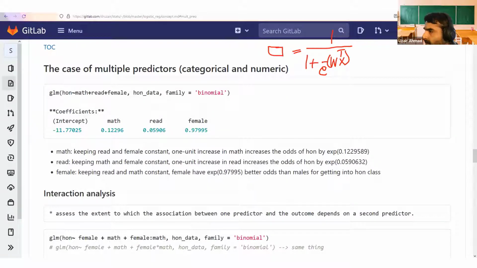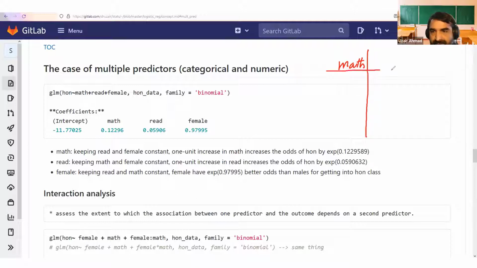Before we discuss that equation, let's first look at an example data. Here we have three variables: a column of math scores, a reading score, and the gender of the student, and we want to predict what? Whether the student is in honors class or not. So the honors column has values like this.